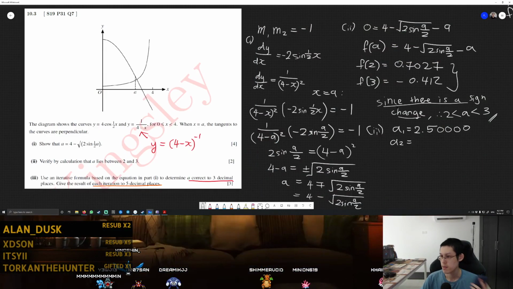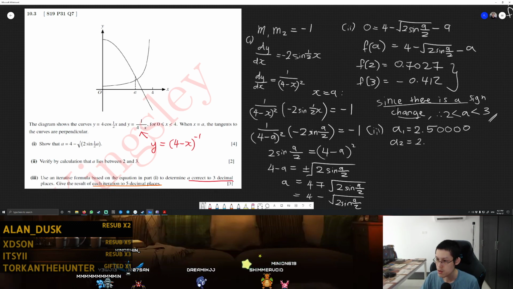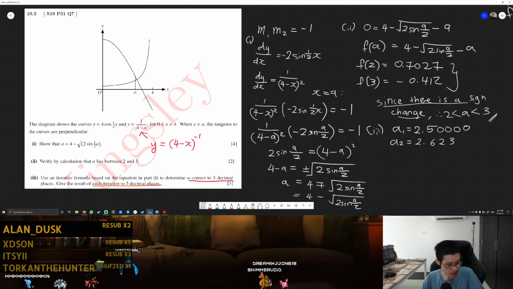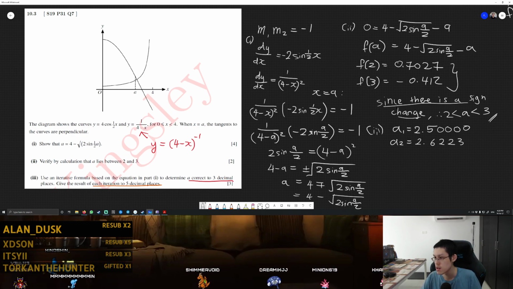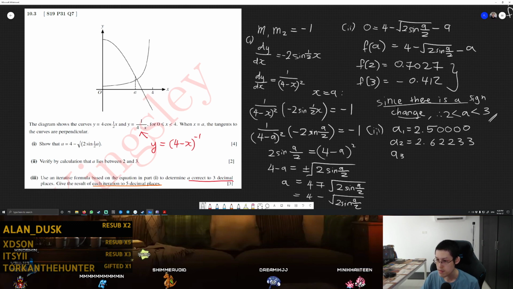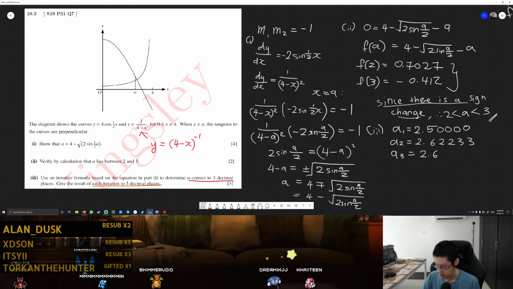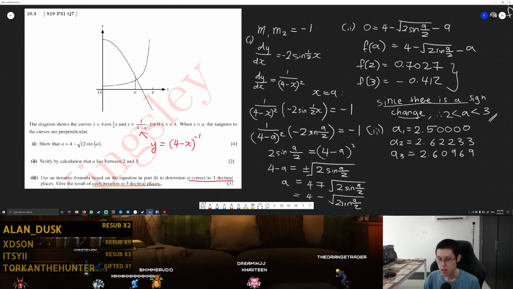Then going back here, a2 is going to be 2.62233. a3 is 2.60969. So you keep going until the 3rd decimal place stops changing.